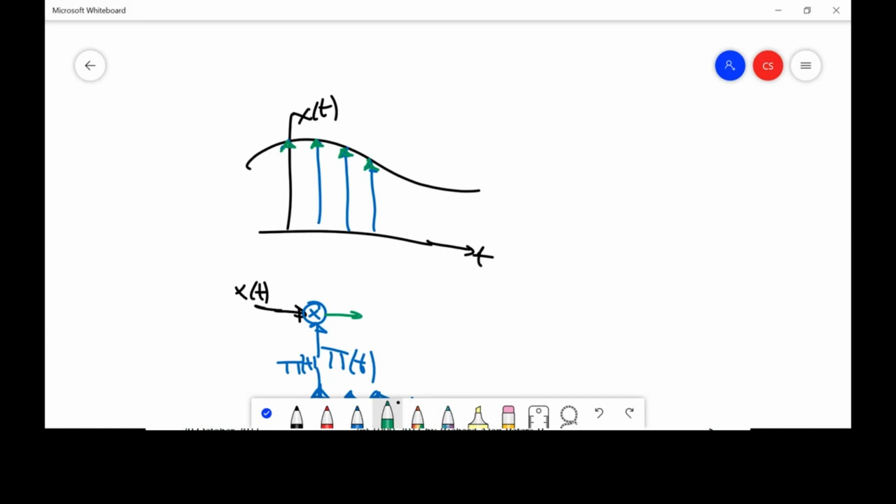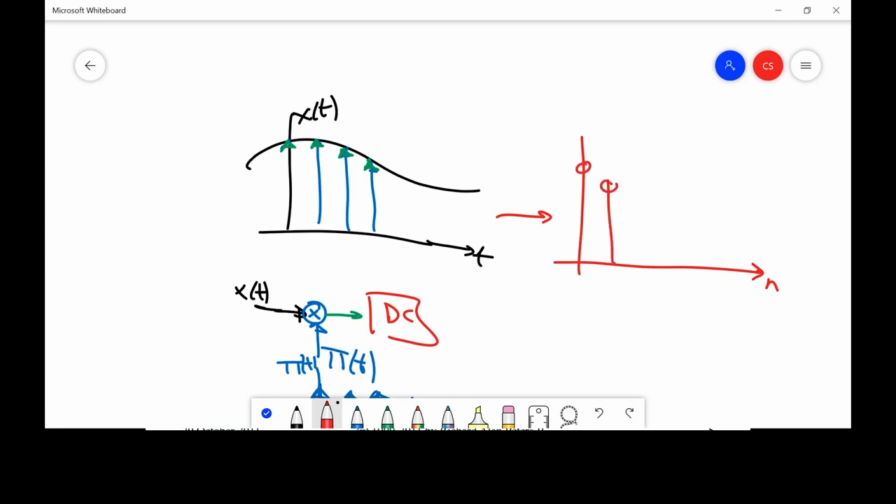Okay, so next, what is the next operation? Yeah, I need to convert it to discrete. So this signal is now converted to a discrete axis. Now the axis is n, it's not time anymore.